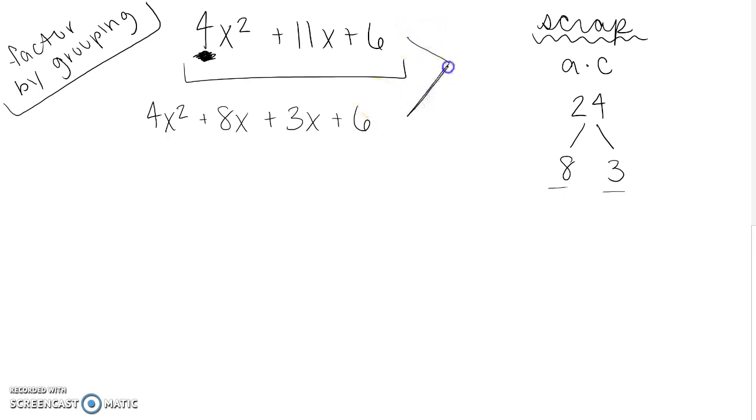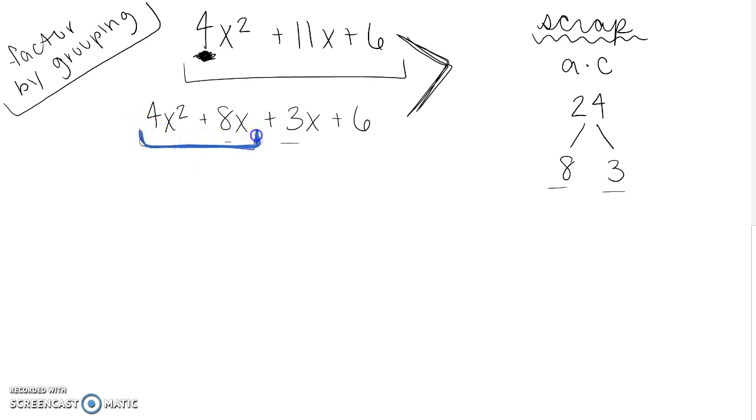These two lines are still equivalent, okay? The only difference is I've broken apart this 11x to be an 8x and a 3x. So what we're going to do now is we are going to factor individually, and I am going to want to change the color. So we are going to factor this side just with greatest common factor.